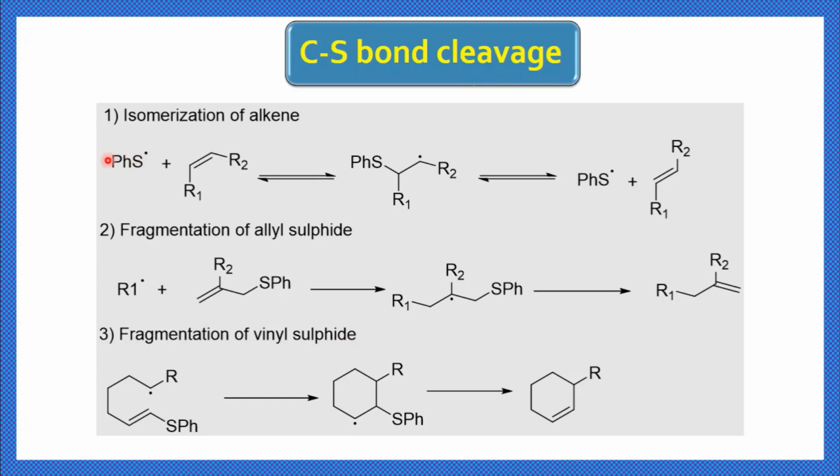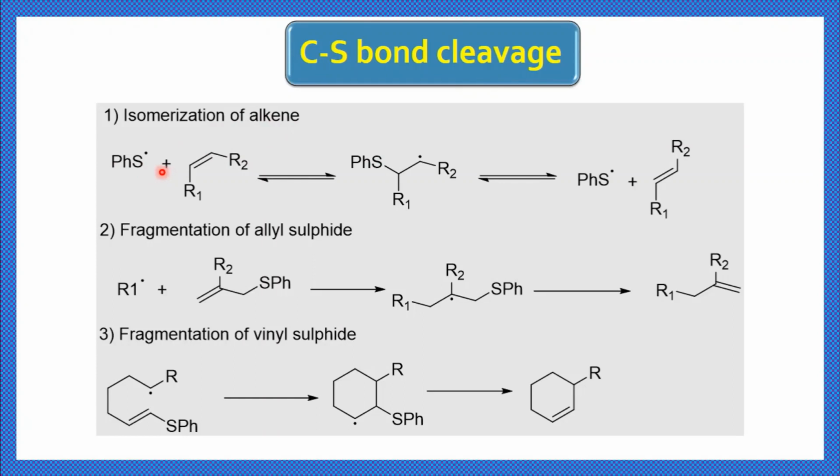Let's see them one by one. First, isomerization of alkene. Isomerization is nothing but the conversion of cis to trans alkene.